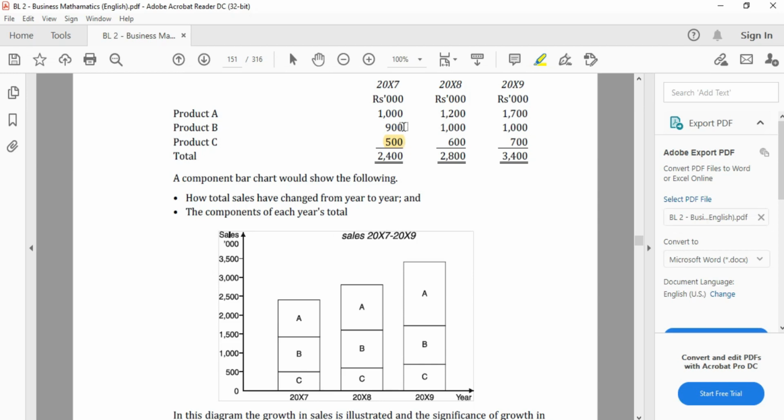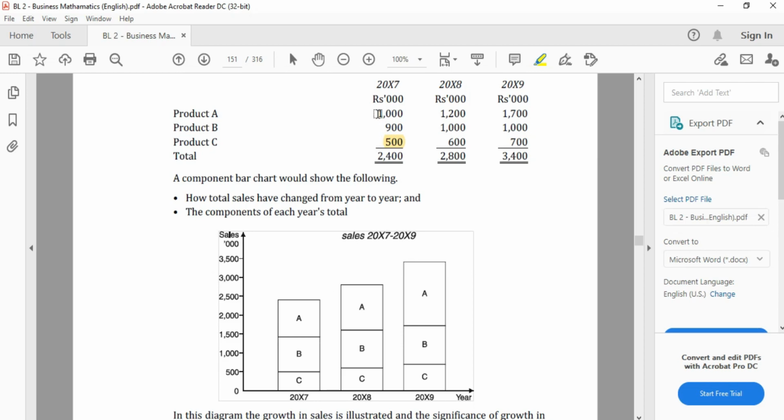Then product B is 900. What you should do is mark 500 plus 900, because I'll tell you why. But for now, remember, 500 plus 900 should be the mark for product B, which is 1400 over here.